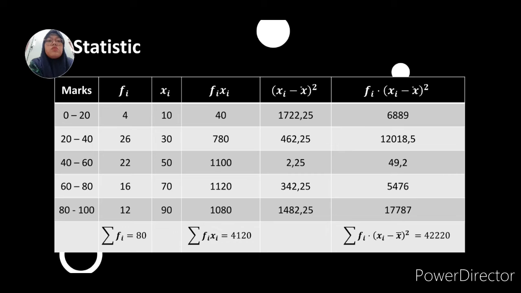The fourth column is the square of X subscript I minus X bar, or midpoint minus mean. And then the fifth column is frequency times midpoint minus mean in the parentheses to the power of 2.